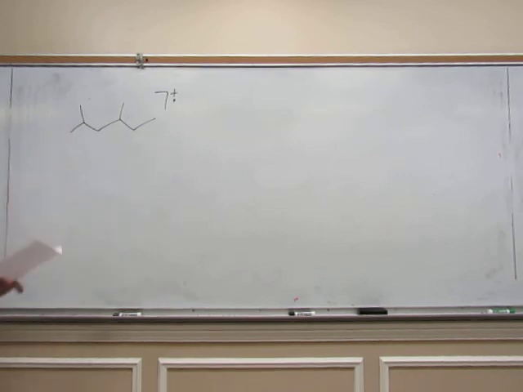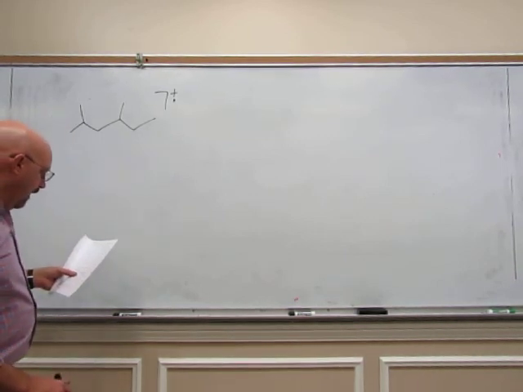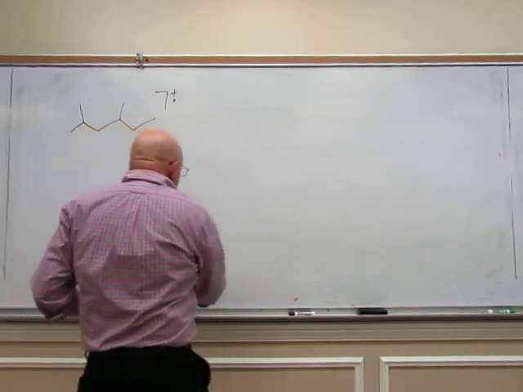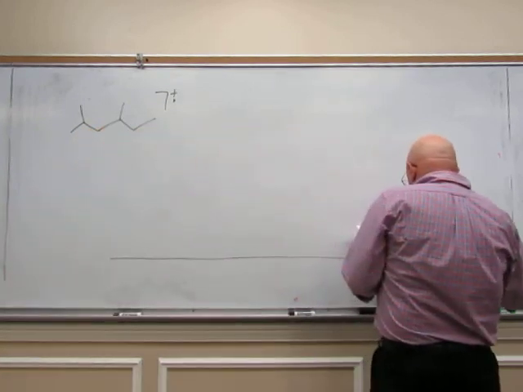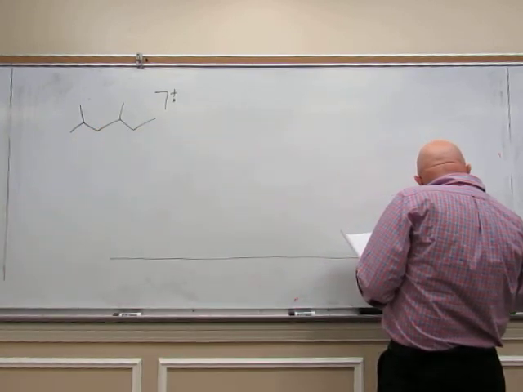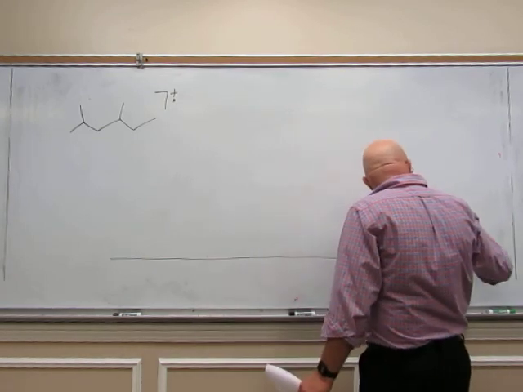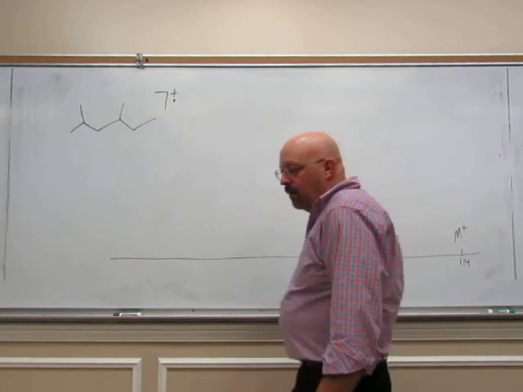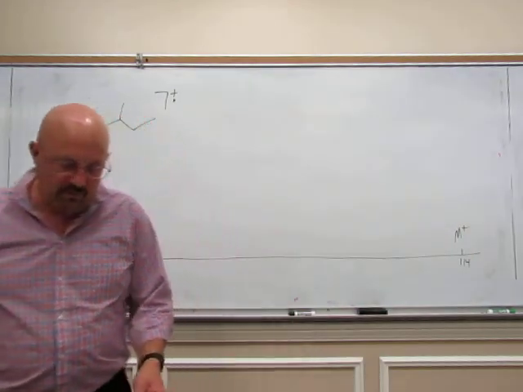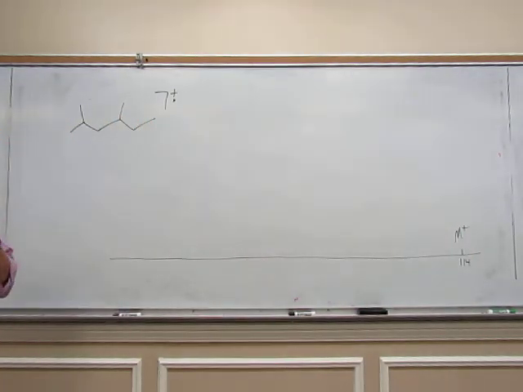We should have a peak that corresponds to the mass of that. That would be our molecular weight. That weighs 114. And if you look, there is a little tiny, boy it's little, but there is a little peak up there at 114. That's our molecular ion, our parent ion. That's the 114. It's small, but it's there.